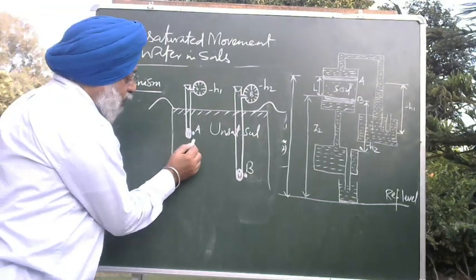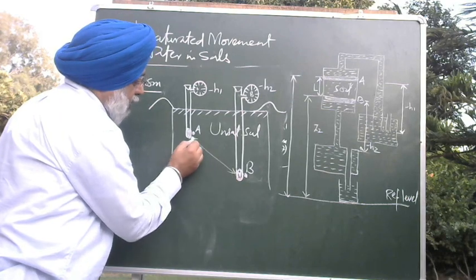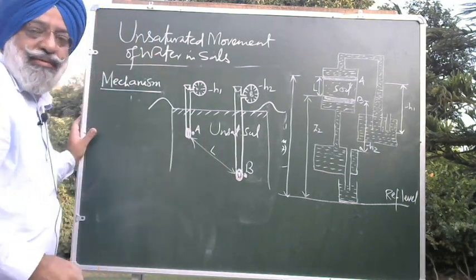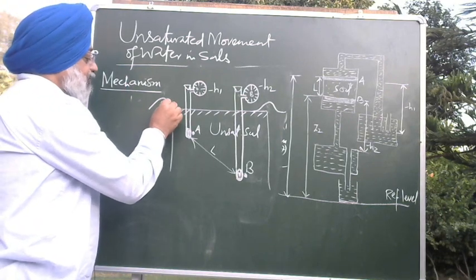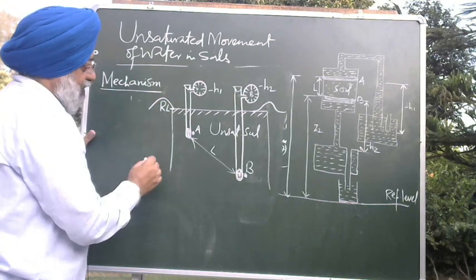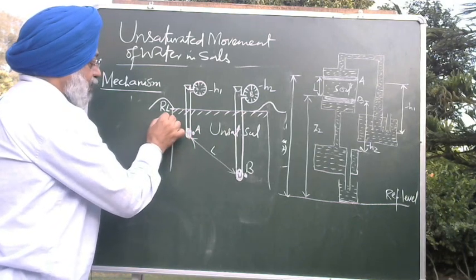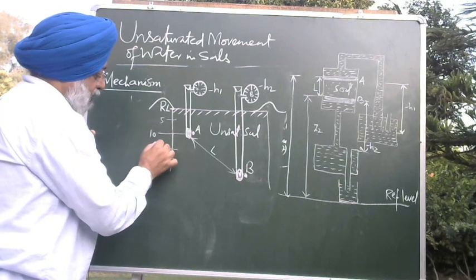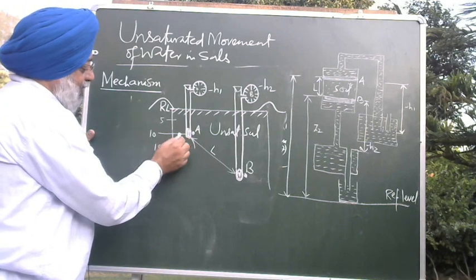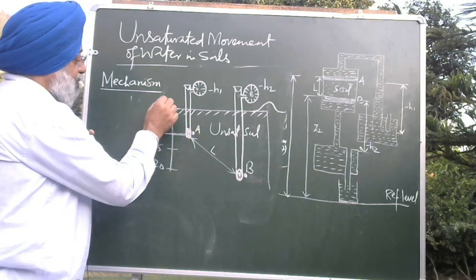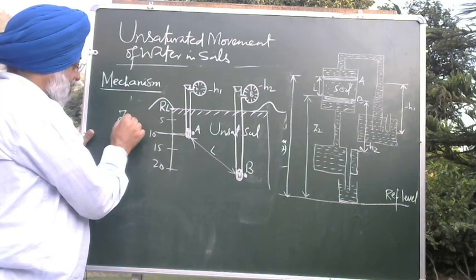And you know the distance between A and B. Let it be L. Now for Z, suppose you take the soil surface as the reference level. Say this is at 10 centimeters. So the distance between the reference level and A is your Z1.